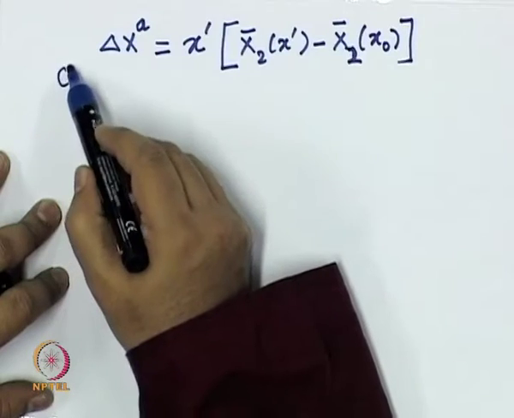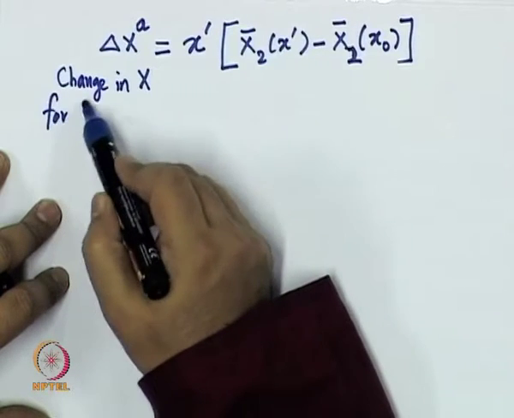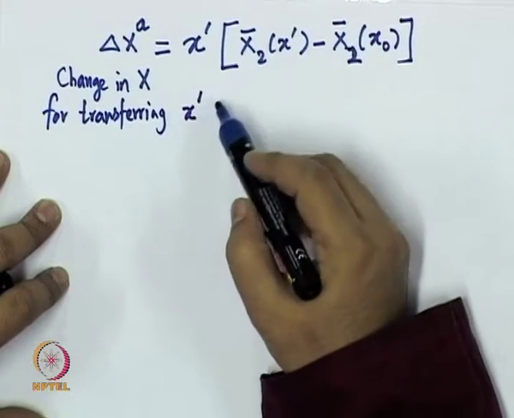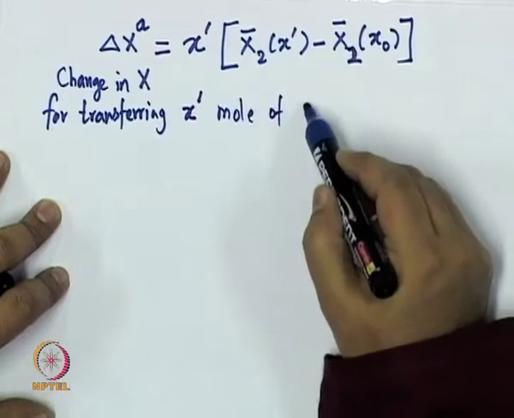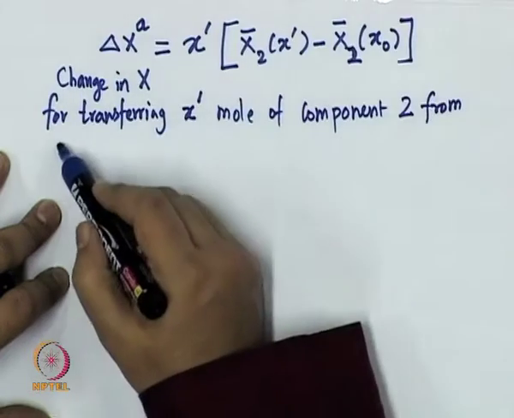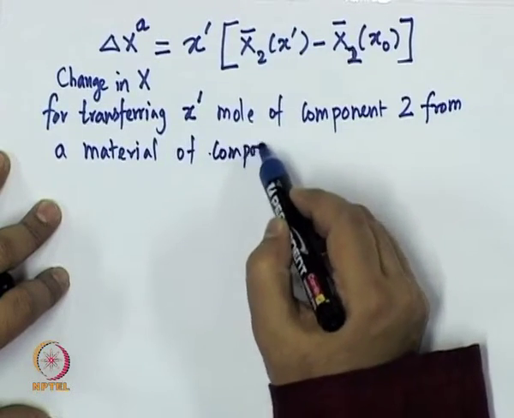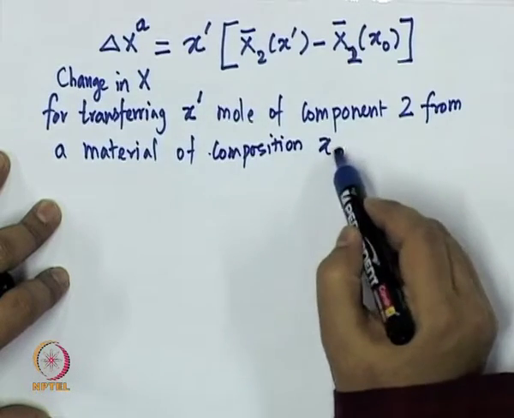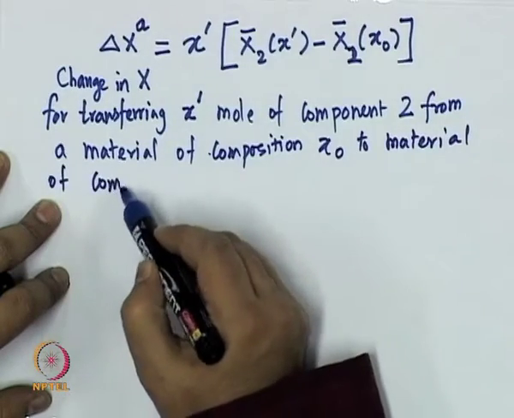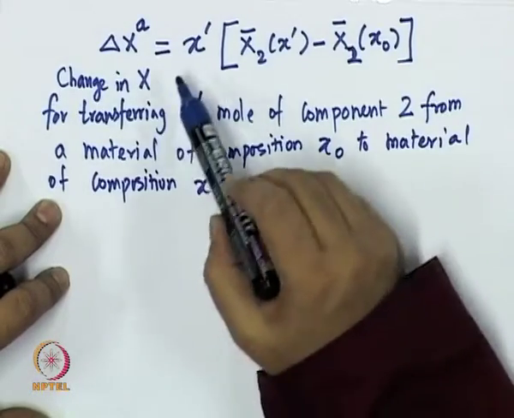This represents the change in x for transferring x prime mole of component 2 from a material of composition x naught to a material of composition x prime, right. So, this is what we mean by the partial molar properties.